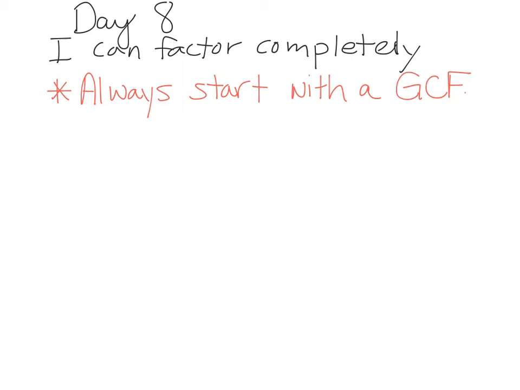As we look at two quick examples, 16x plus 36. Is there anything that goes into both of those, 16 and 36? 4. So we're left with 4x plus 9. There's nothing more we can do there, so we're done with that problem.